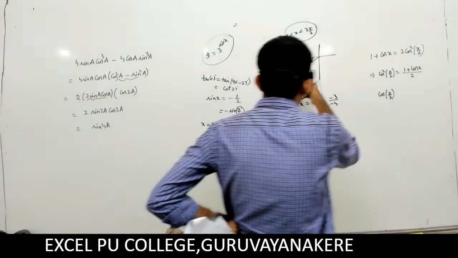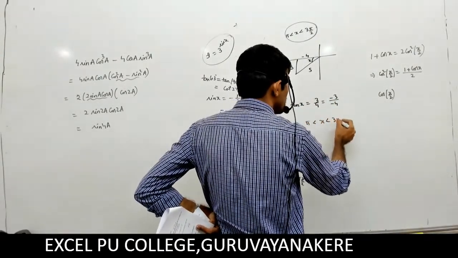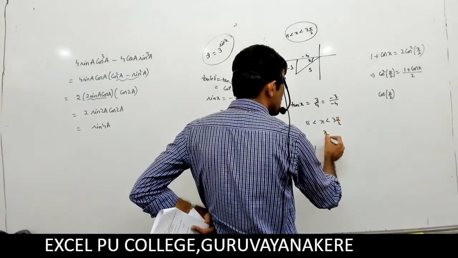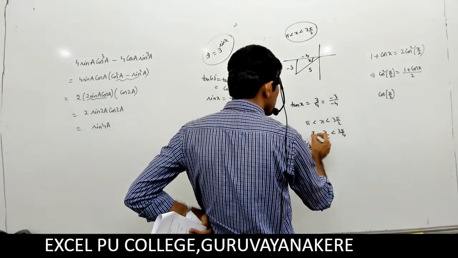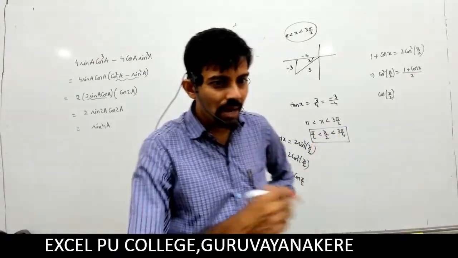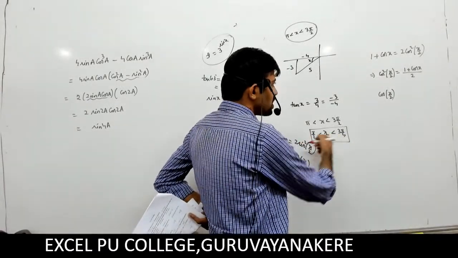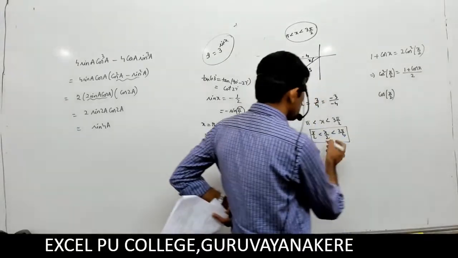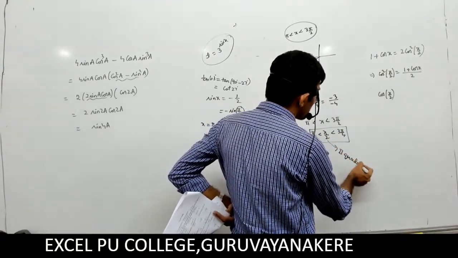X lies in the third quadrant. X lies between pi and 3 pi by 2 according to the question. See where x by 2 lies. X by 2 will be between pi by 2 and 3 pi by 4. X by 2 lies in the second quadrant. In the second quadrant, cos function is negative, no?